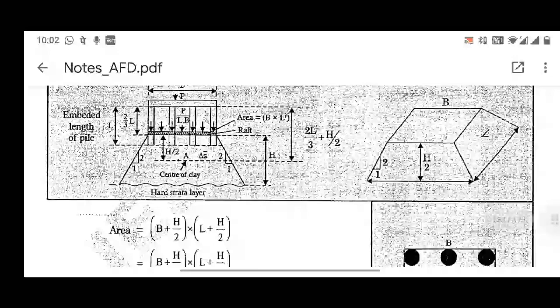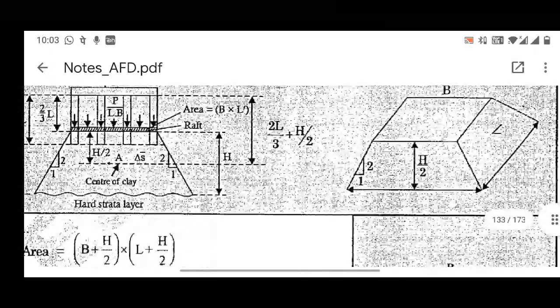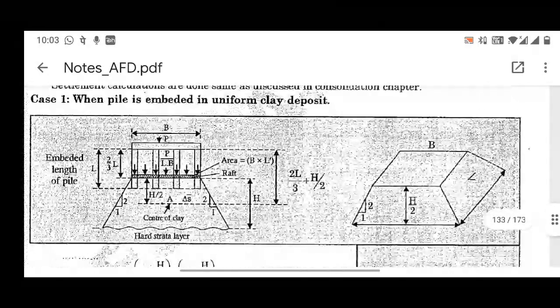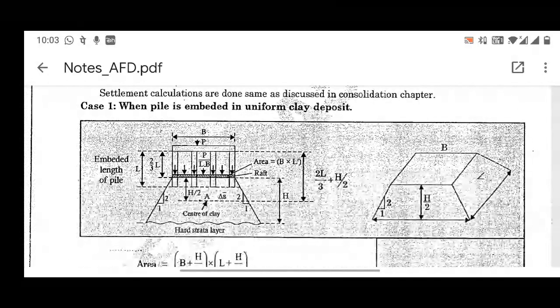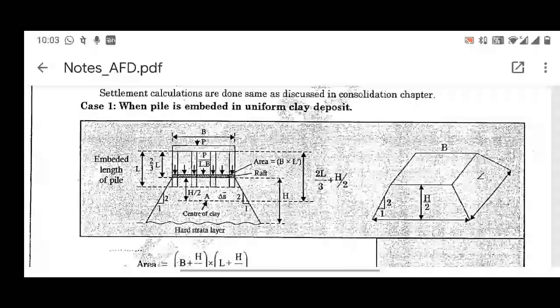So class, please note this point. In the right figure, let me move on to this right figure. You can easily see this is the base, like the width. Width is shown, and considerable length is also shown in the y direction. If I treat the x direction as the width direction and the y direction as the length direction, you can see this B into L. This is the area at the base of the 2/3 L that we are considering, right?